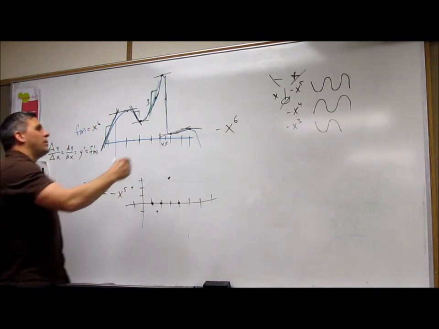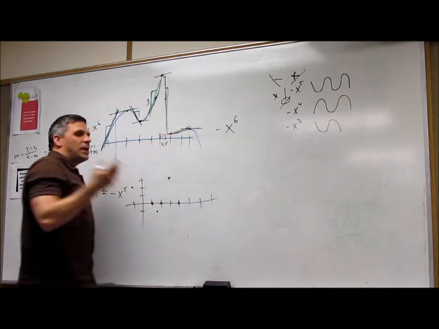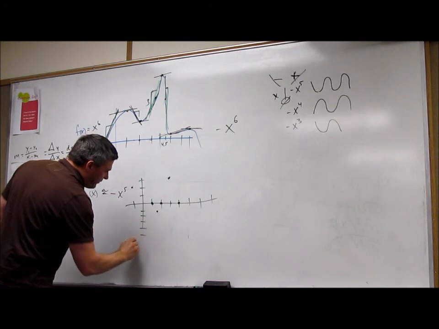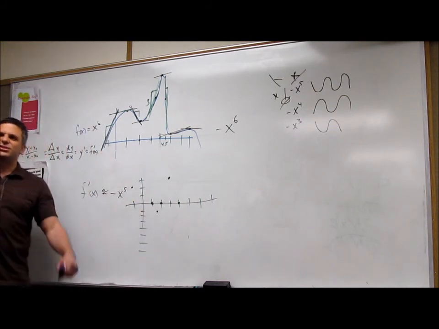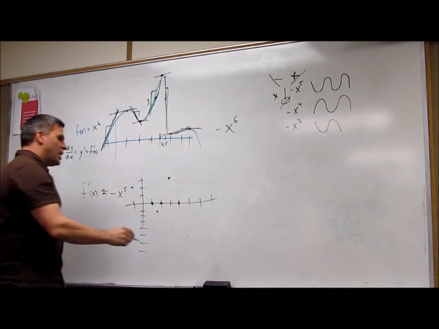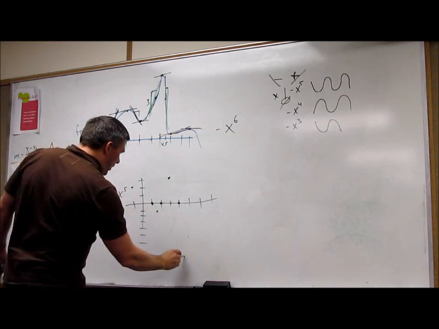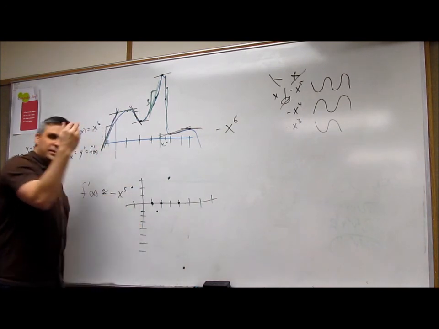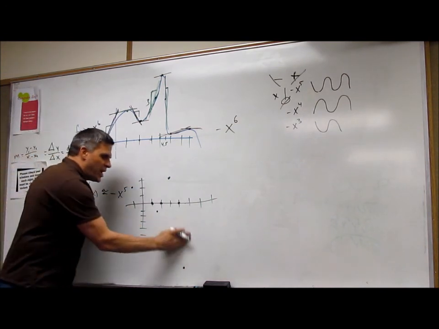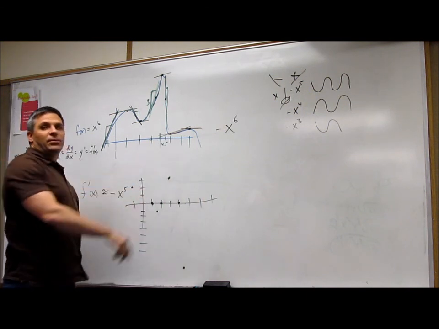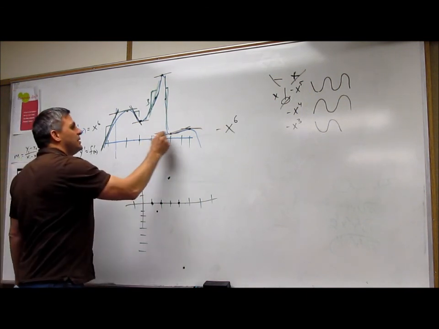Maybe -9 or something. Let's just call it 6, but we're showing that it's way negative. It went way negative all of a sudden. Just way down there for some reason. And then, what happened? At 5, it went 0 again.